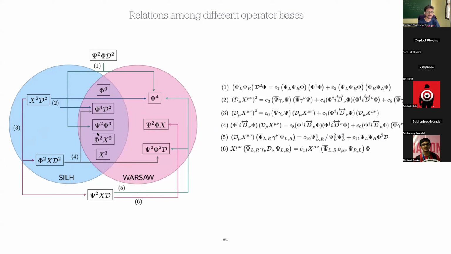It's not a one-to-one correspondence. One operator has a contribution to multiple operators, and that operator can further bifurcate and contribute to some other operators. And how are these relations controlled? They are nothing but relations related to the equation of motion and IBP kind of thing. So this is just to give you an idea of why these different operator bases are important and how one can connect to another one.